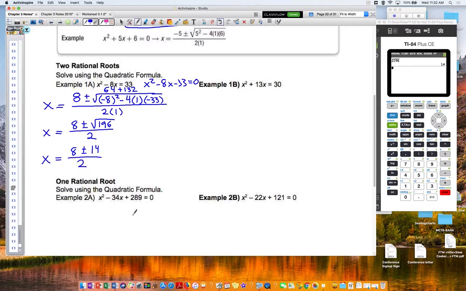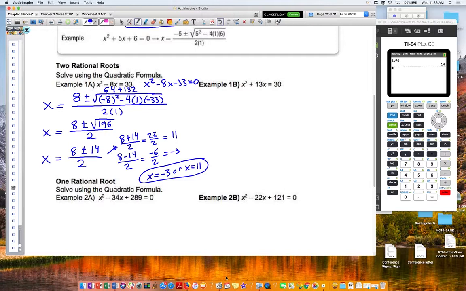Well, 2 goes into both of these, or you can say 8 plus 14 divided by 2, that's 22 divided by 2, which is 11. And then 8 minus 14 divided by 2, negative 6 over 2 equals negative 3. So I have my solutions, x equals negative 3 or x equals 11. And I get two solutions.